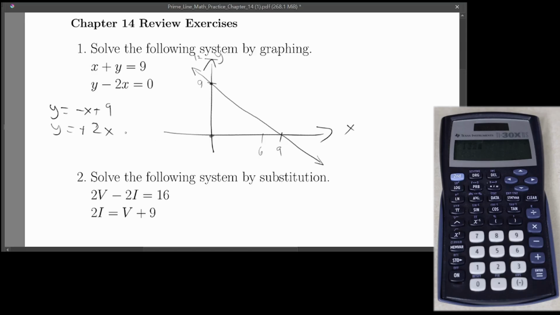That's our y-intercept. And at 6, 12, that's roughly where that will go. Where it intersects, the intersection point is going to be 3, 6 for our graphing solution.